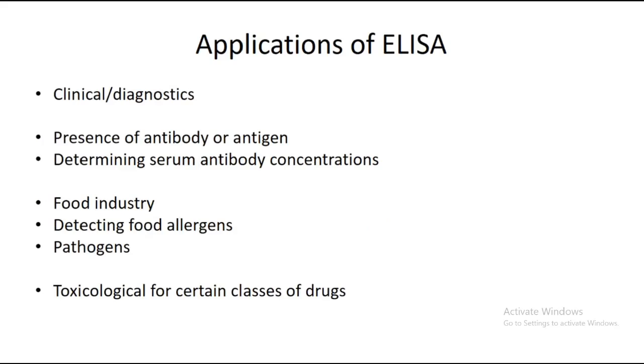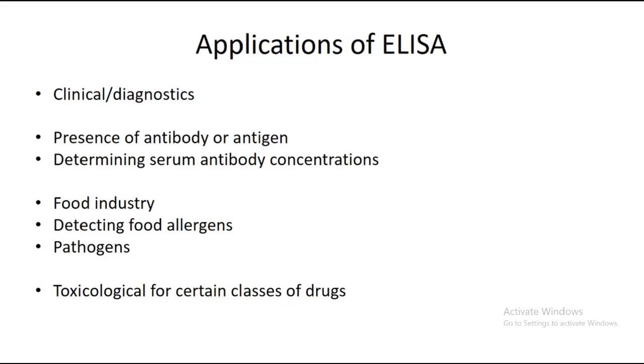Okay, so what are the applications of the ELISA? Generally speaking, they're used for clinical diagnostics. So they're used clinically, but they're also used in the laboratory for research. As we've talked before, the majority of them are used to detect presence of antibody or antigen, and also used to determine serum antibody concentrations.